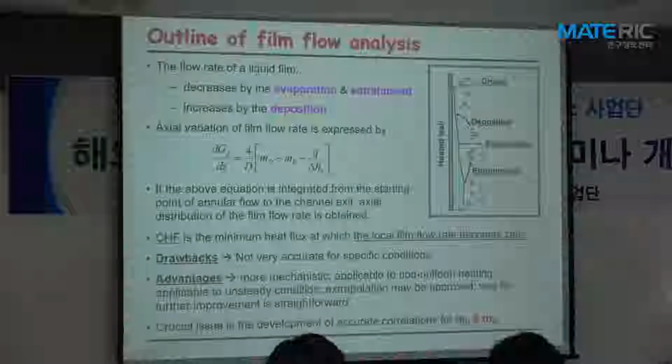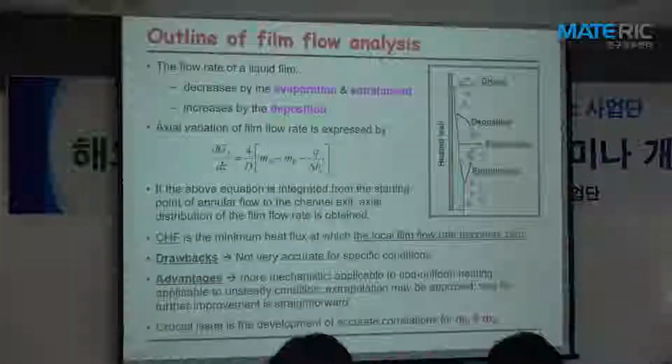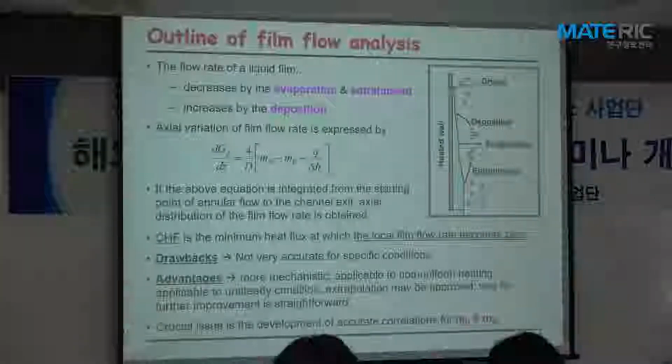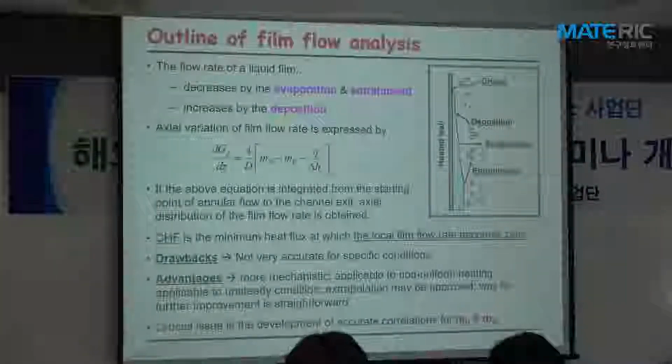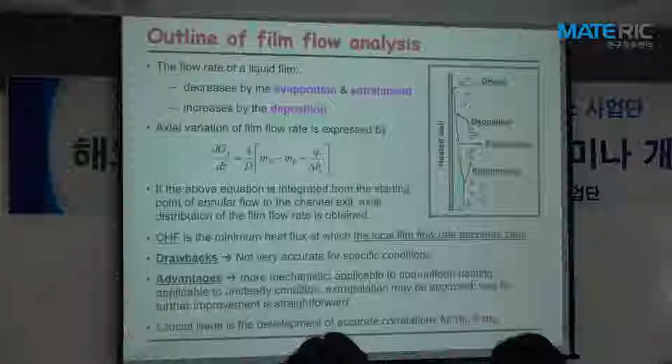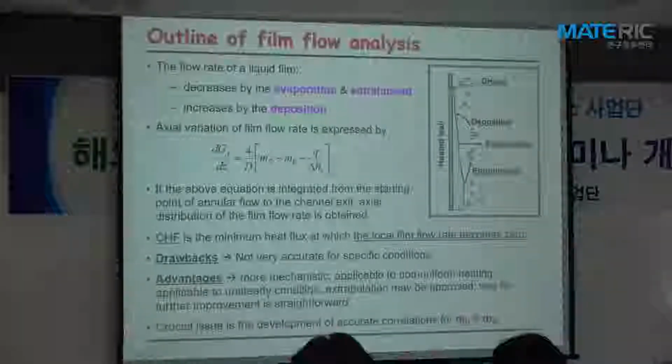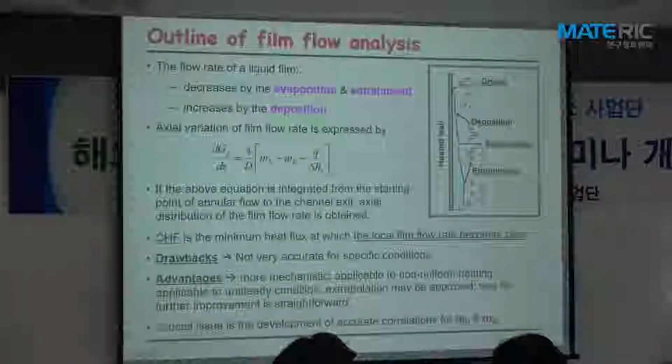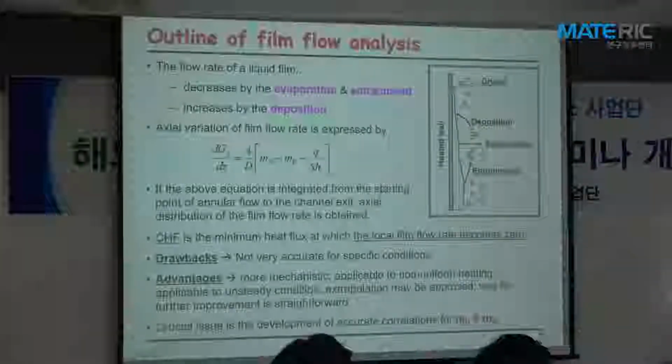The drawback of this method is... I would like to emphasize this point. Usually, young people believe that a complicated model is better than a simple model. But it's not always true.